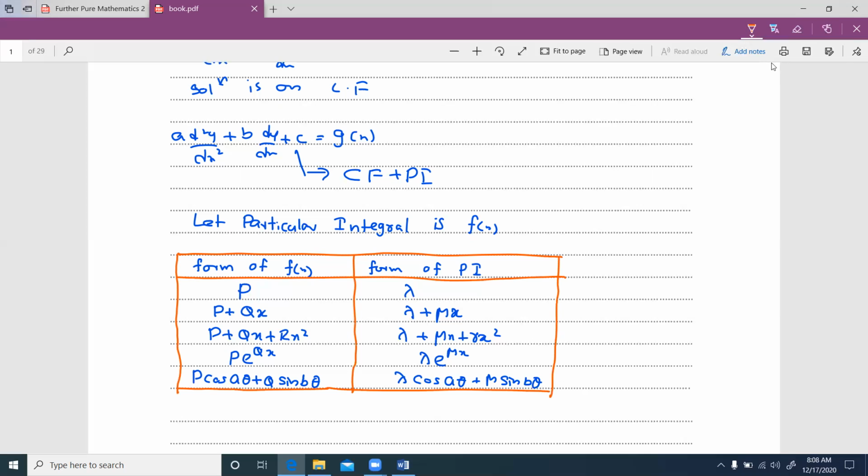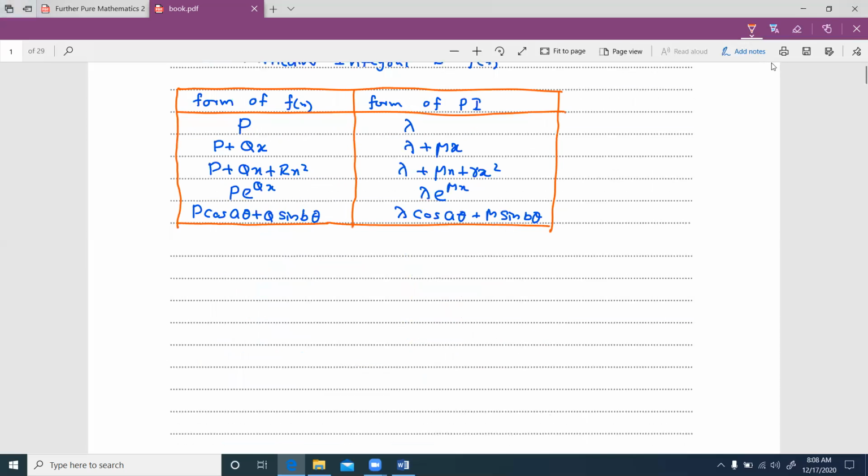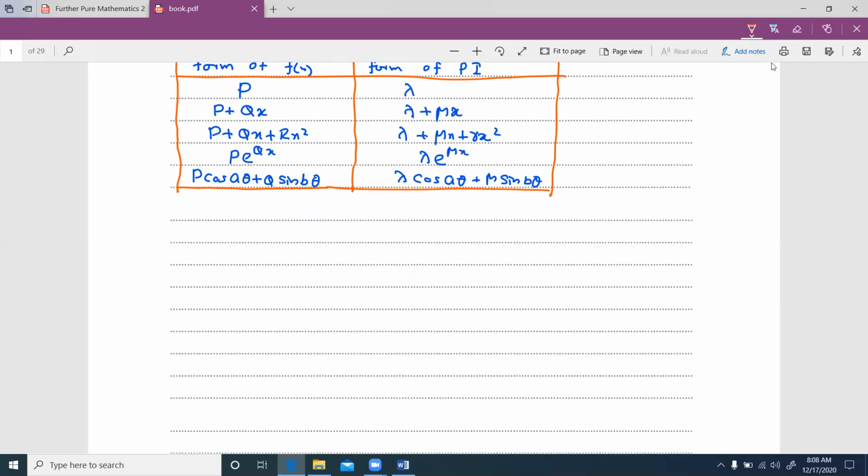They have given the question. It is a second order differential equation: d squared y by dx squared minus 5 dy by dx plus 6y equals f(x).